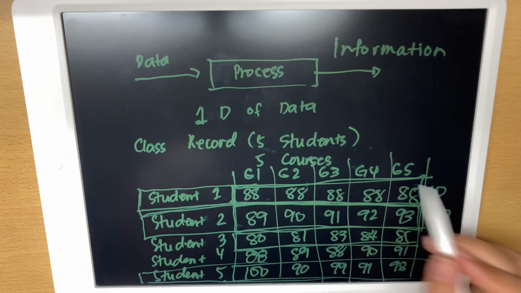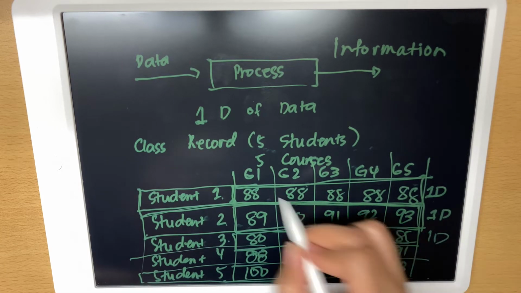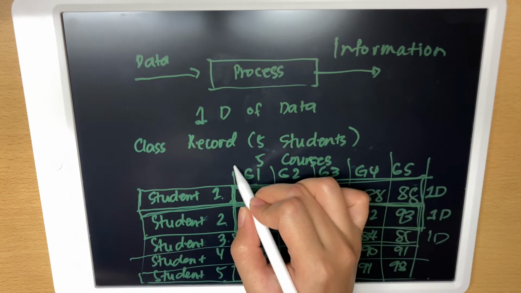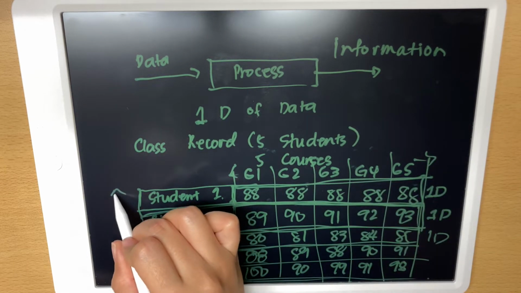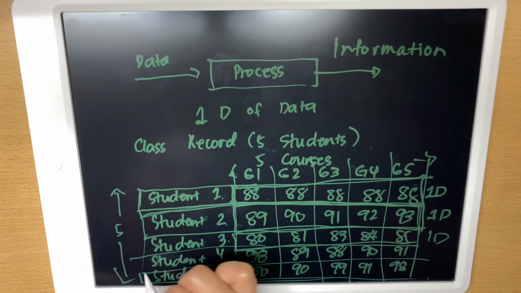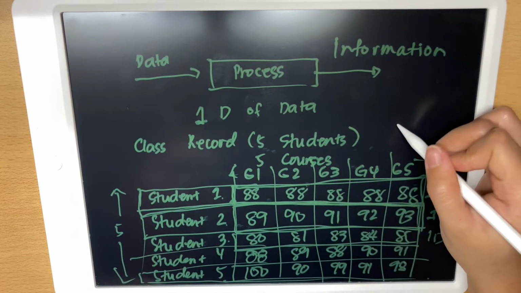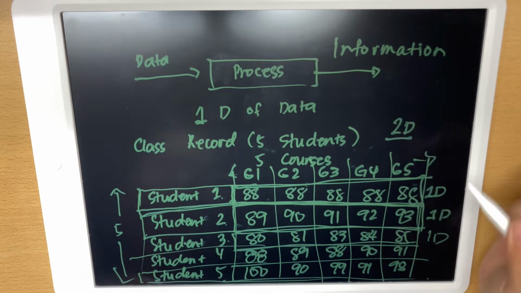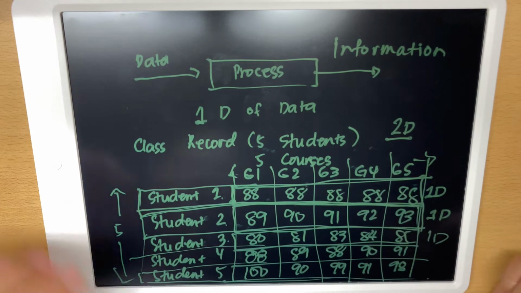But then if we combine the grades of student 1, 2, 3, 4 to 5, then we have here the 5 grades, and we have here 5 students. This would make a 2D set of data, wherein given 5 students, each student has 5 grades.